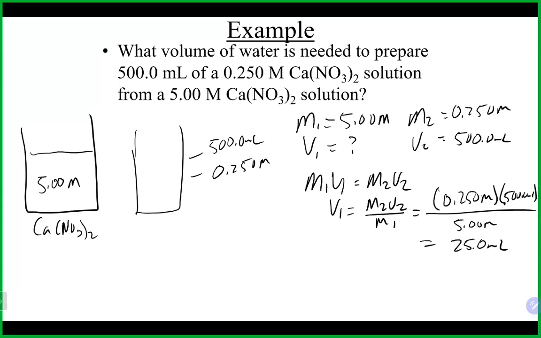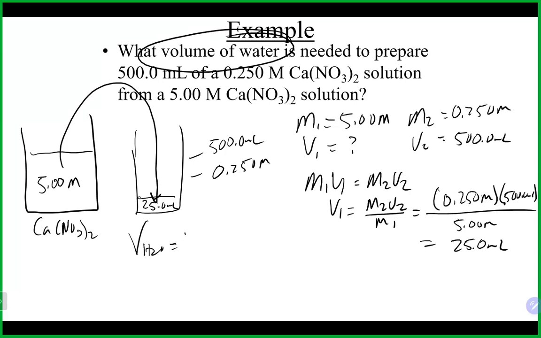And remember, when we get to 25 milliliters, this is really not the answer. This is not the volume of water, which is really what it's looking for. This is actually how much of this guy we need to take out, which is 25 milliliters. Once again, our volume of water would be our V2 minus our V1, which means we want to end up at 500 milliliters, and we already put in there 25 milliliters.